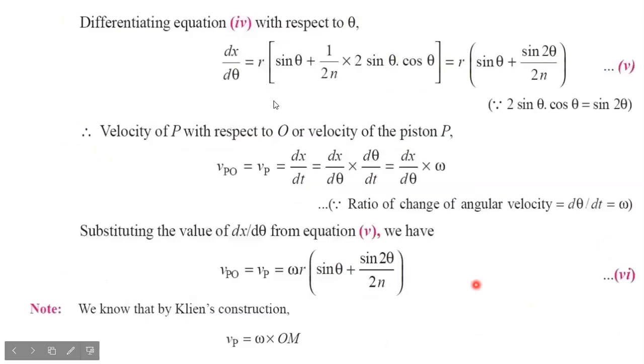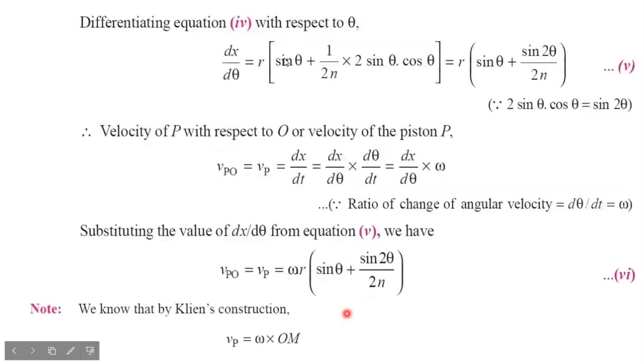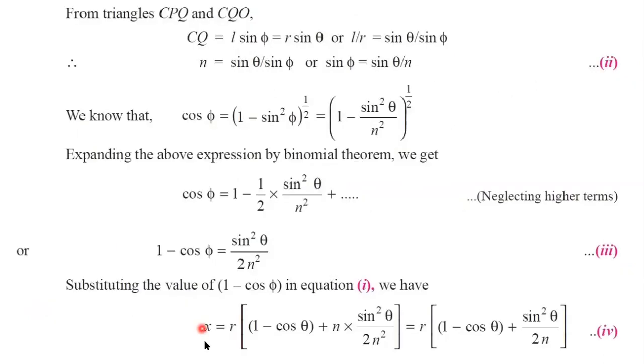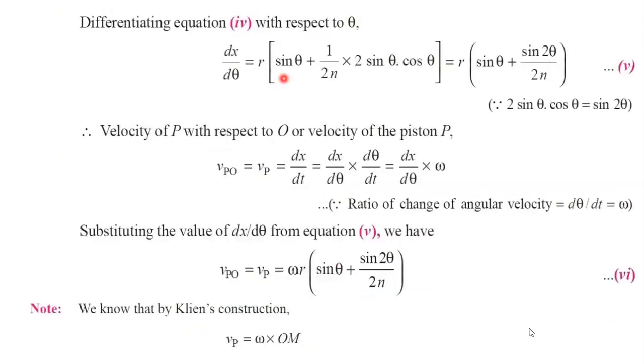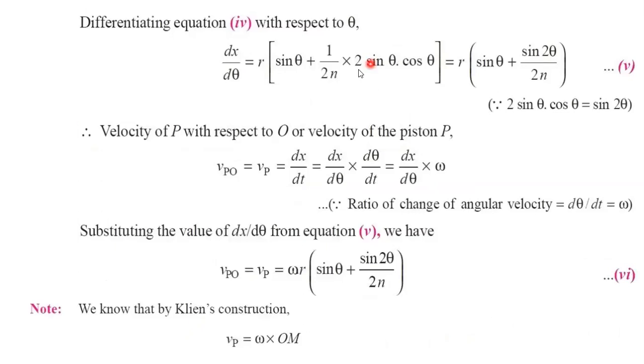Now we are going to differentiate equation 4 with respect to theta, so dx by d theta. R is common, keep as it is. The 1 we can ignore because it has no theta, and minus cos theta differentiates to sin theta. Sin square theta differentiates to 2 sin theta into cos theta.